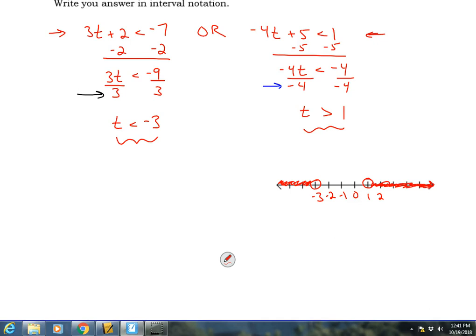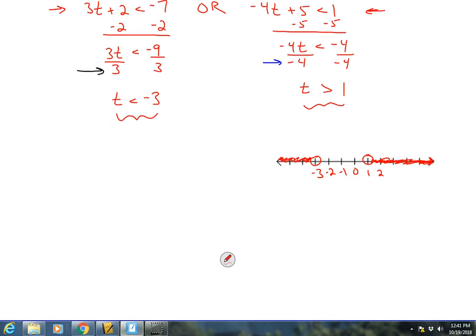And then the last thing I have to do is write it in interval notation. So because I have two separate inequalities, two separate pieces of the number line, I need an interval notation for the left-hand side, and I need an interval notation for the right-hand side. On the left-hand side, I shade all the way down to negative infinity. So the smallest shading I'm going to have is negative infinity.